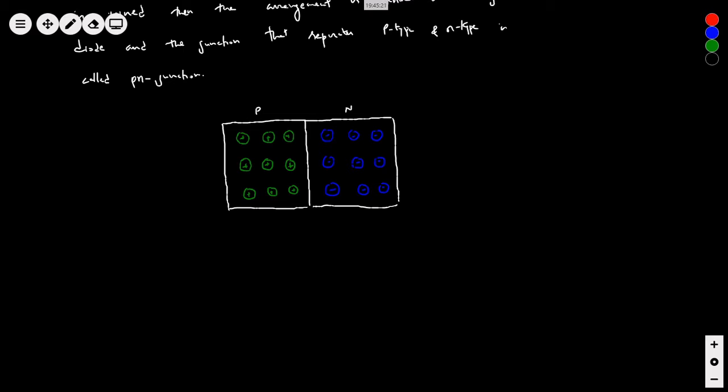Now when you join them, some drifting of holes and electrons on either side across the junction will take place, and as a result something will happen.